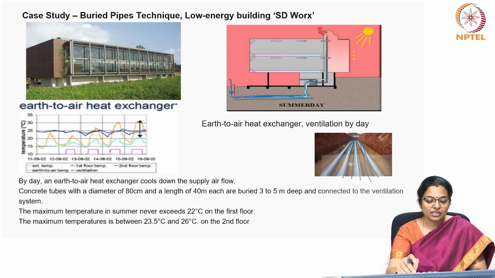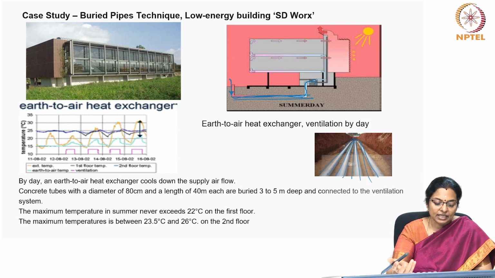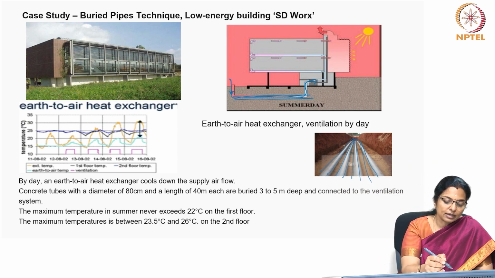And because of this, you can see the SD Works, this is the earth to air temperature. This is the temperature of earth to air, and this is the temperature of the external climate. The external climate is this.